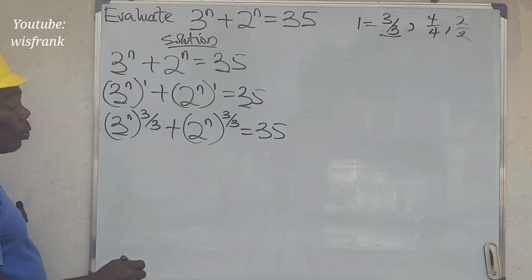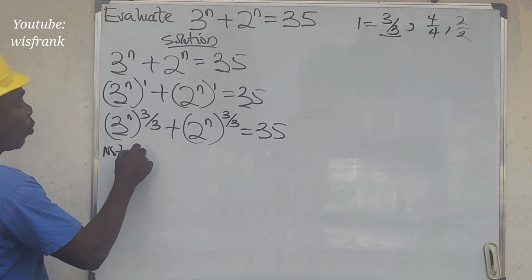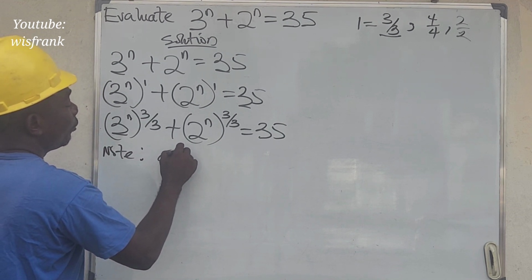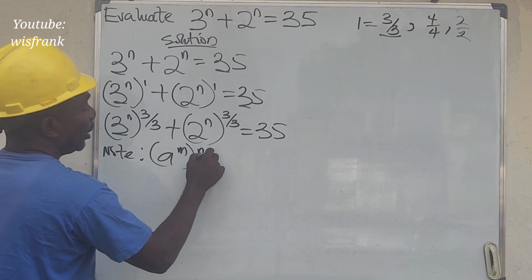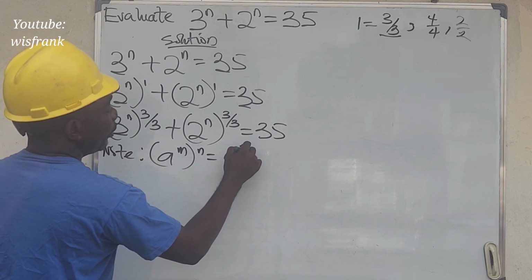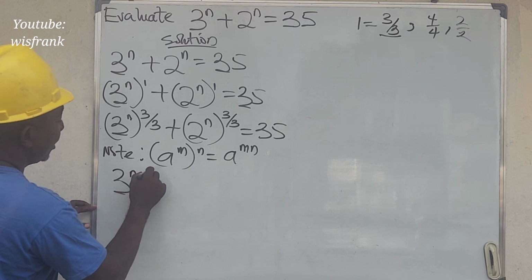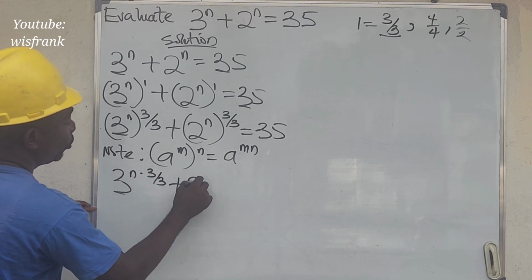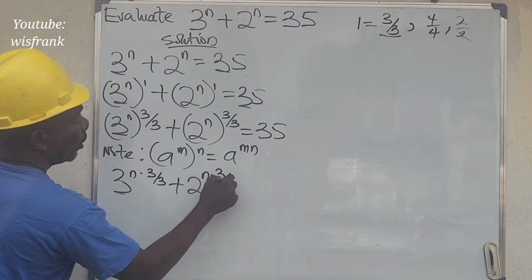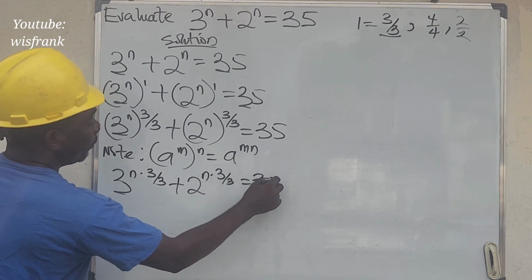So here, we recall, say note, when we have a to the power of m all to the power of n, it is the same thing as a to the power of mn. So this can be written as 3 to the power of n times 3 all over 3 plus 2 to the power of n times 3 all over 3 equals 35.